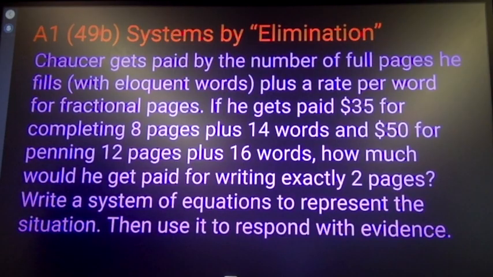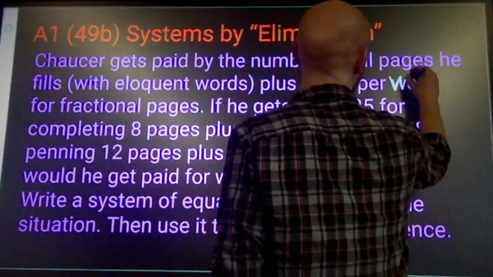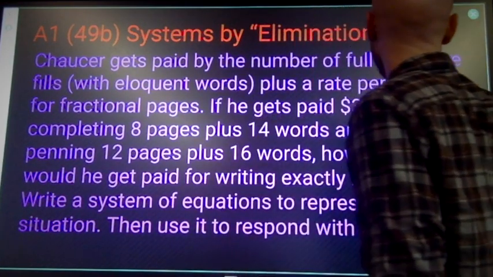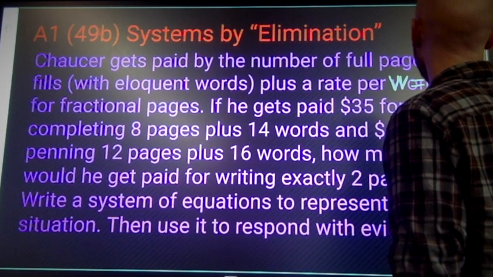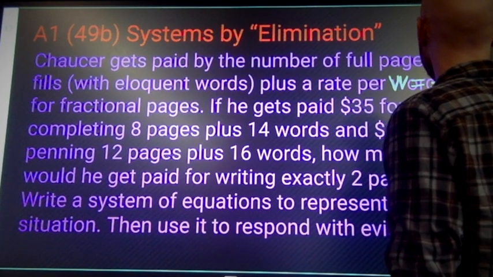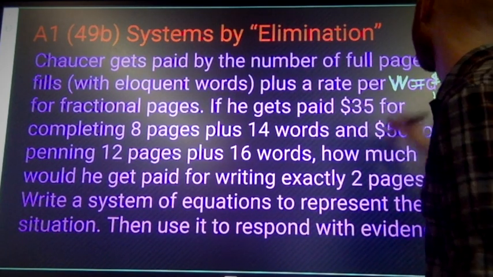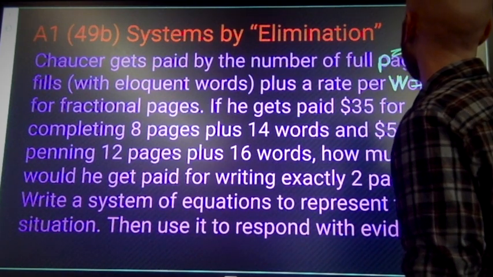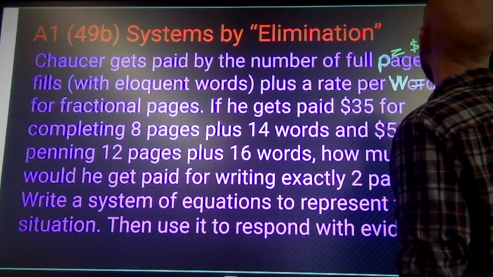All right, so we're going to say the rate per word, we're going to call that W. W is money for individual words. And we'll say P is money for pages, full pages.